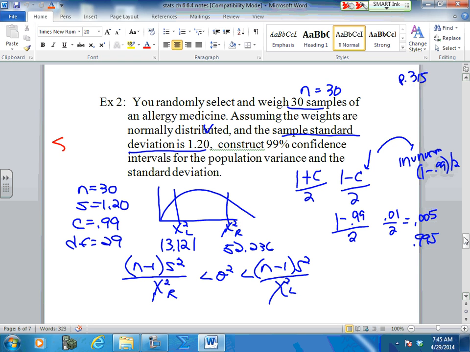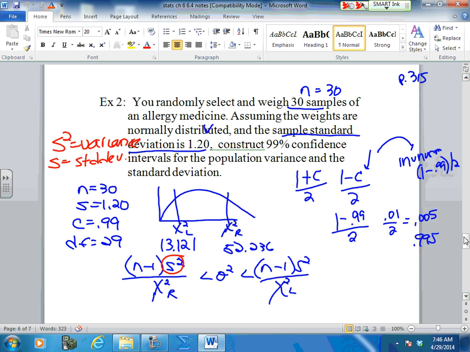Now here's the most important part. S squared is a variance. S is your standard deviation. So if you plug in your standard deviation, you're going to have to square it. If you plugged in your variance, that would be S squared.